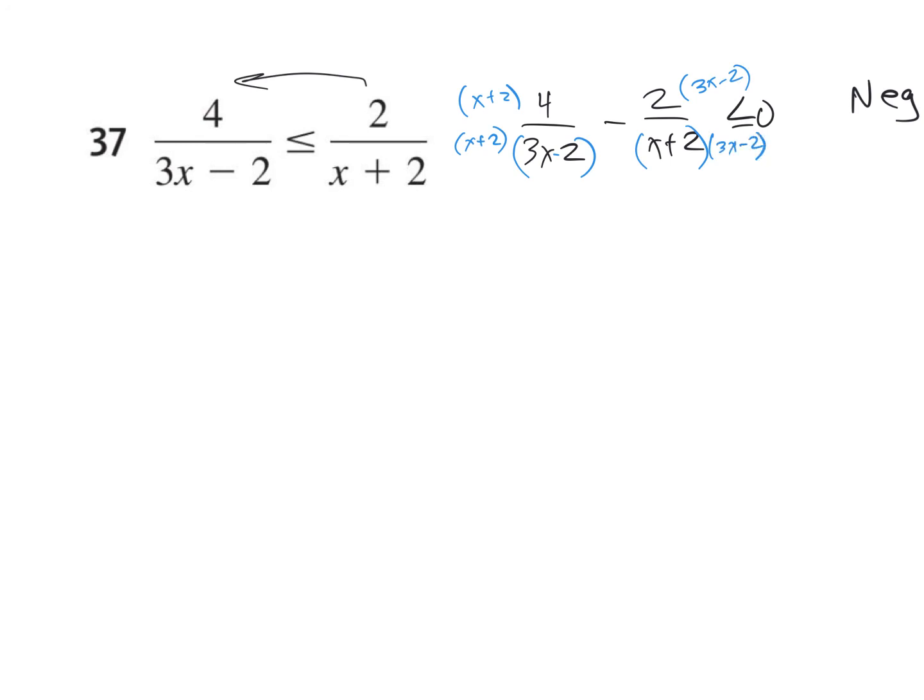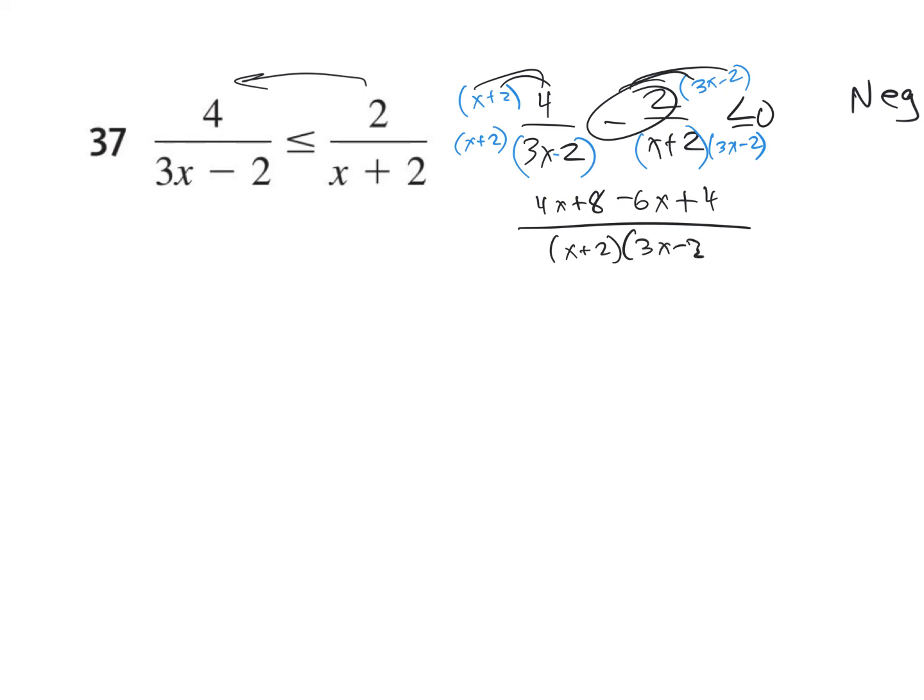Okay, we distribute the 4x plus 8. Distribute the negative with the 2, negative 6x plus 4. And we have x plus 2 and 3x minus 2, less than or equal to 0.